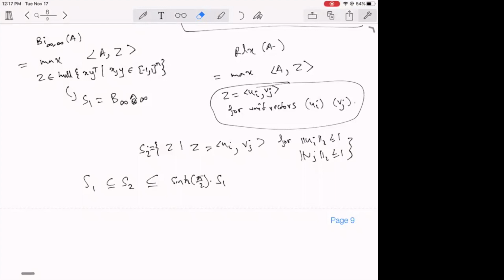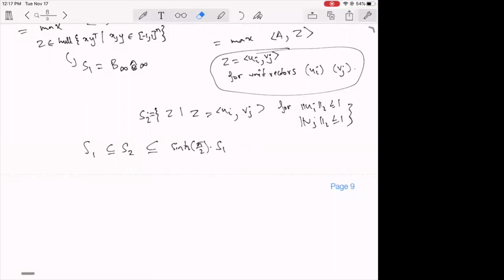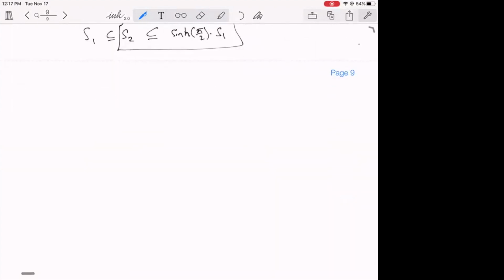So let's prove the second inclusion. To do so, we're going to have two steps. The first is the Gaussian rounding identity.